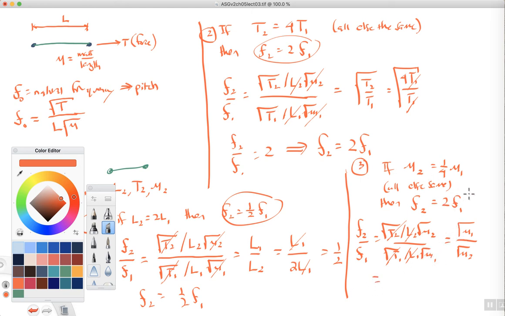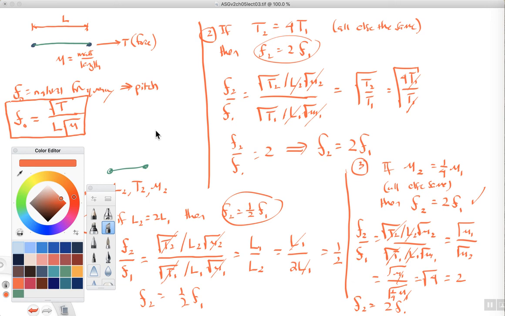Mu 2 is 1/4 mu 1, so the mu 1's cancel, you get the square root of 4, which is equal to 2. In other words, F2 is equal to 2 times F1, which is exactly what we wanted. So this formula captures all of the data that Galileo presents us with.